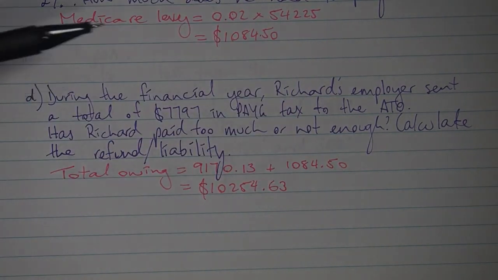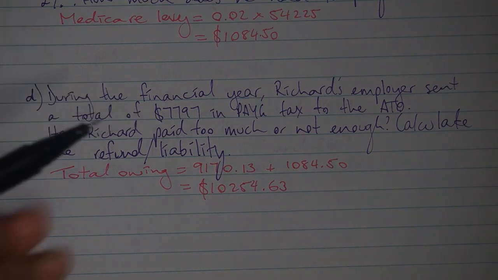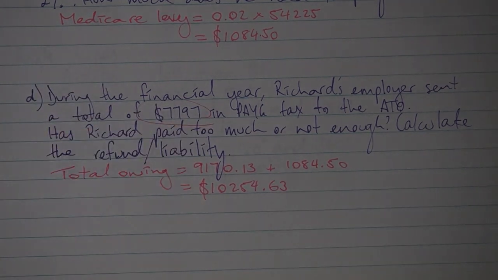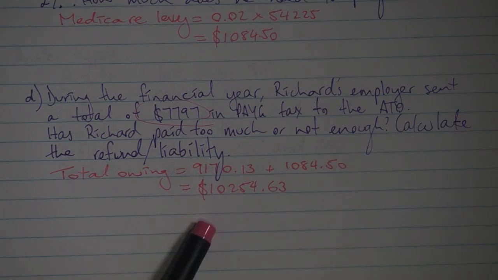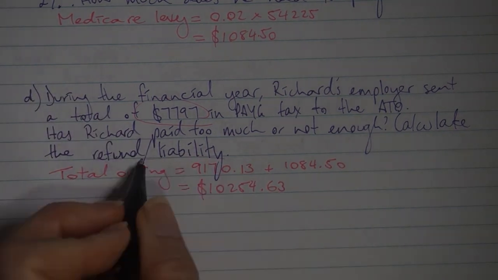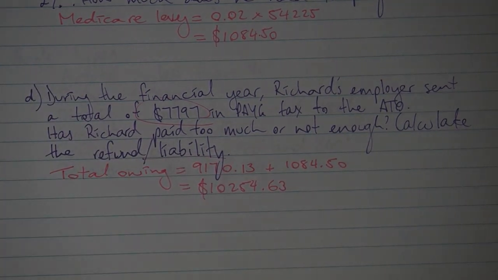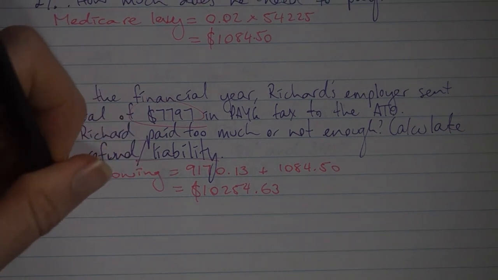Okay, in the question, it told us his employer paid that much. His employer paid less than Richard actually owes. So what that means is he is going to owe money. He has a tax liability he has to pay. We just need to work out how much. Okay, so he's not paid enough.